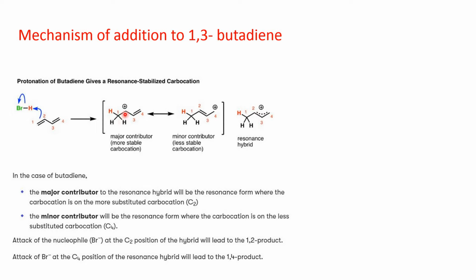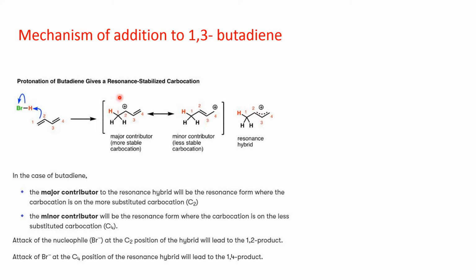Why more stable? Because it is a secondary carbocation, and as a secondary carbocation, it gets stabilized by hyperconjugation. By how many hydrogen atoms? 1, 2, 3, and here 1, 4. Whereas these carbocations get stabilized by hyperconjugation of only 1 hydrogen.